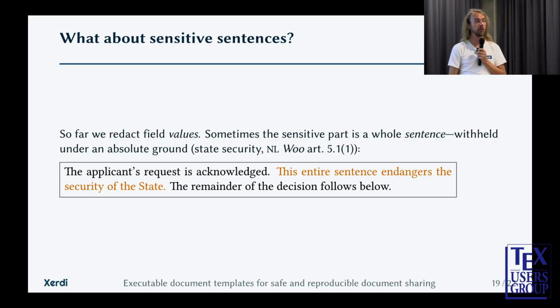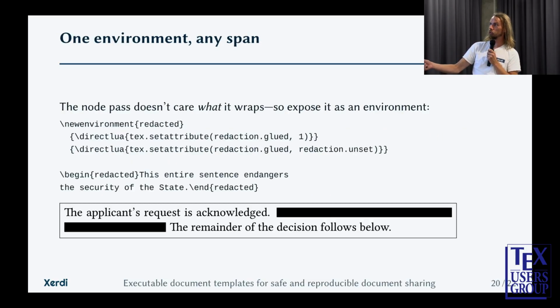But since we already created the engine in Lua, we can simply make an environment for that. You will see those attributes in the preprint, and now we can wrap it in the environment so the sentence is blackened out as well and also has the same spacing, etc.